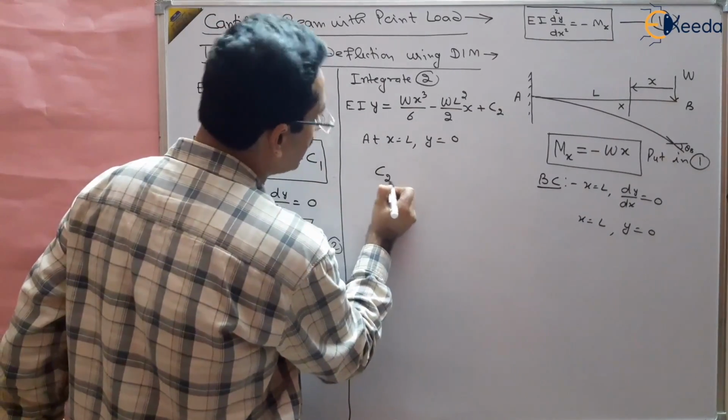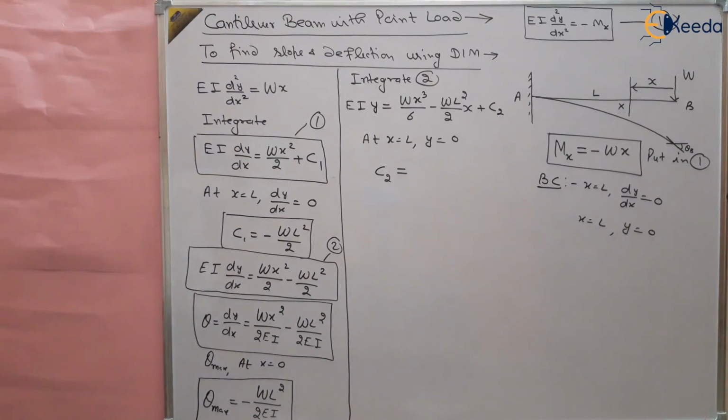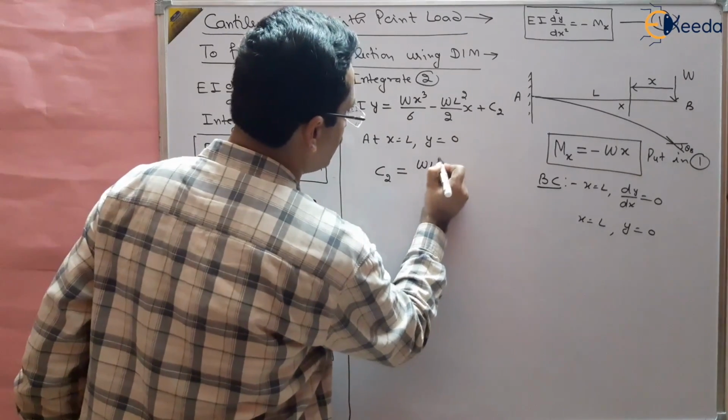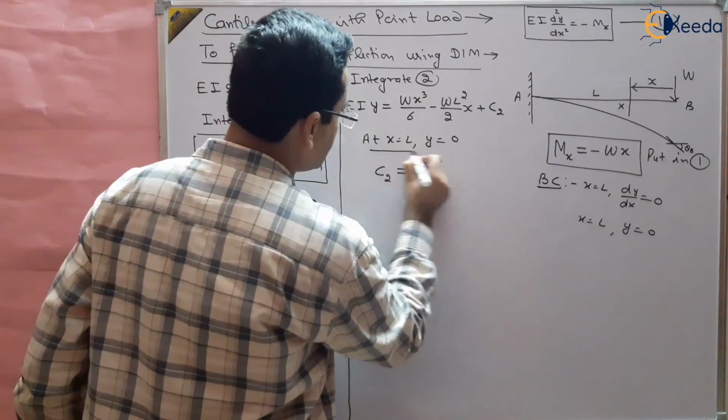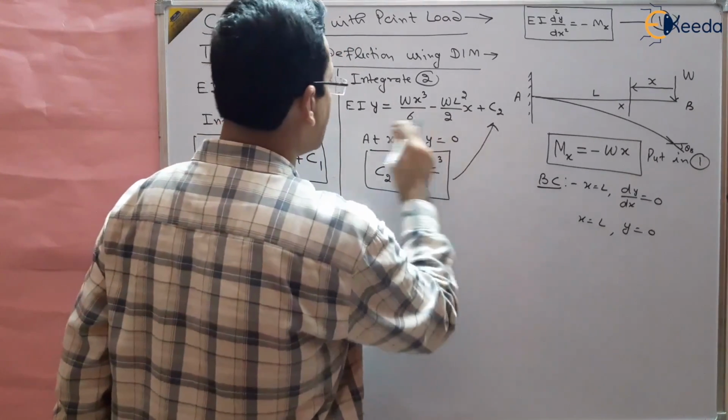Solve it and get the value of C2 as wL cube by 3. So this is the value of C2. Put the value of C2 here and you will get the deflection.